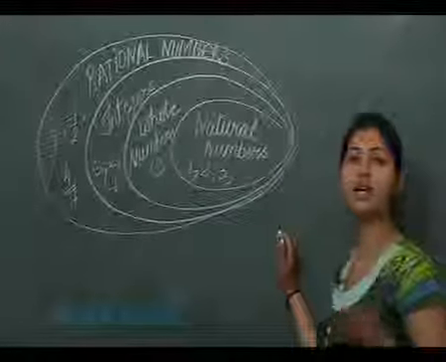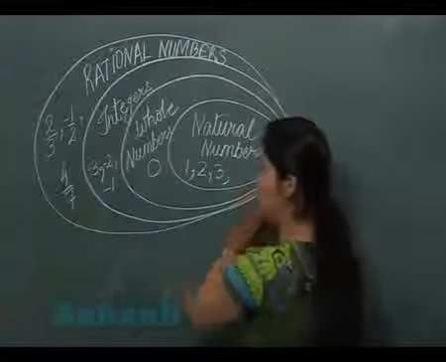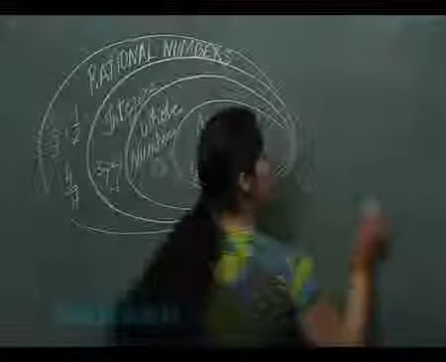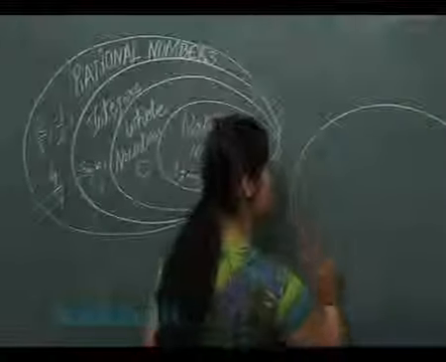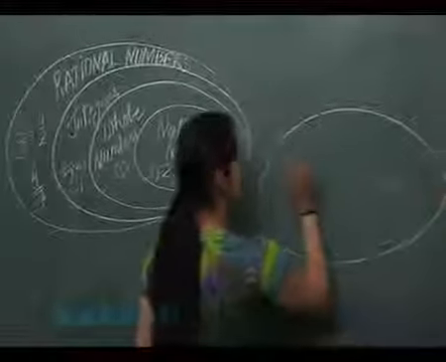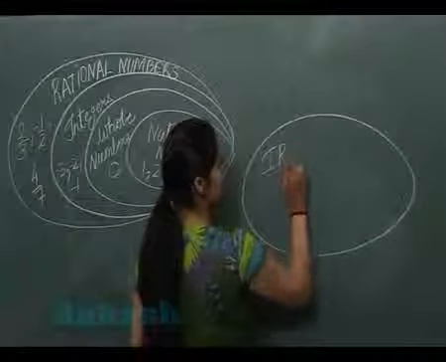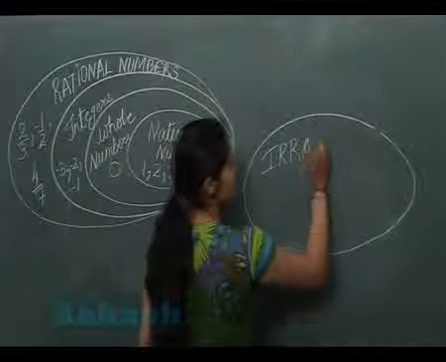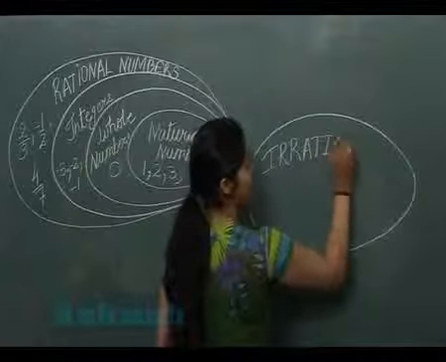Now, what are irrational numbers? The numbers which are not rational numbers are known as irrational numbers. So let me mark this set as irrational numbers.